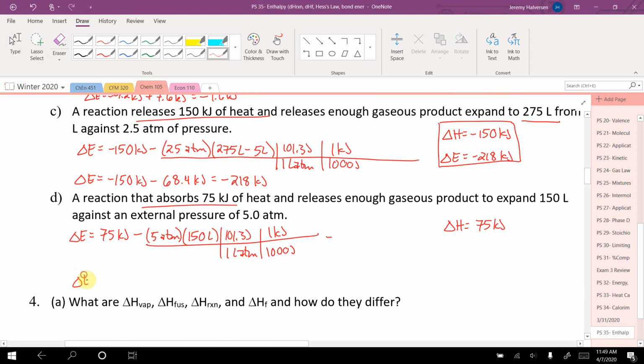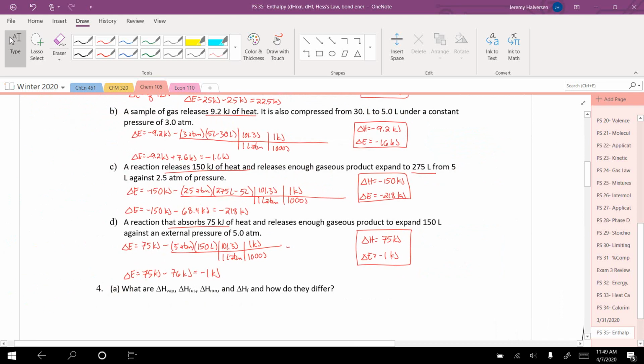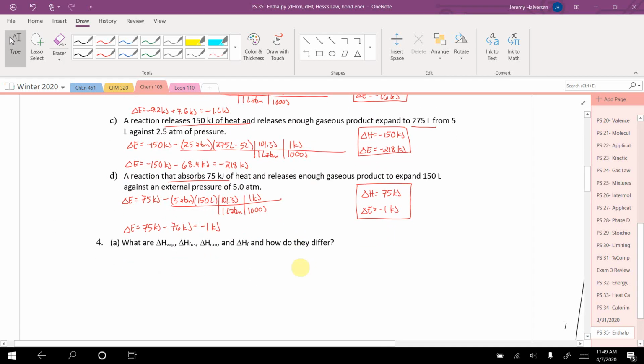Here, delta E equals 75 kilojoules minus 76 kilojoules, which leaves me with a change in energy of negative 1 kilojoule. There you go. Now we've done problems similar to this before, but this is now trying to push the idea that we can refer to heat as just enthalpy as long as pressure is constant, which for our class it is.